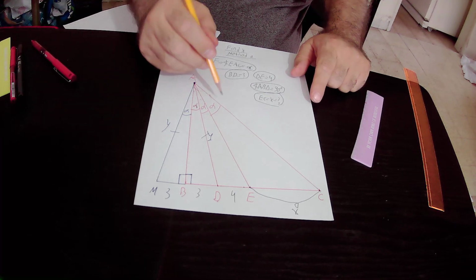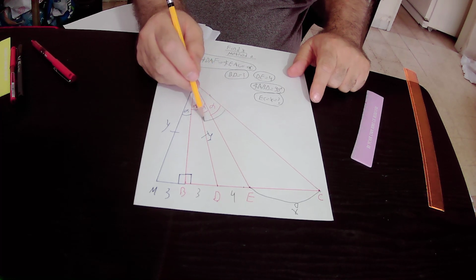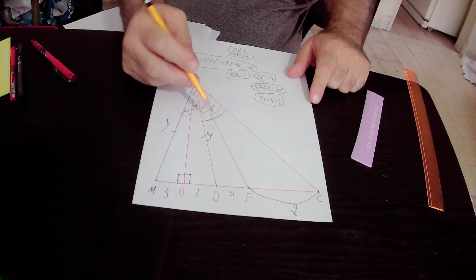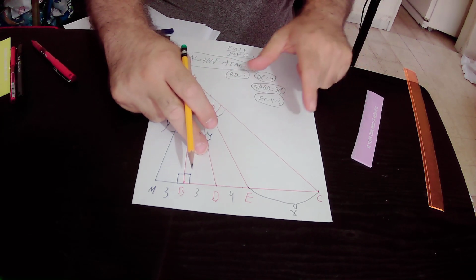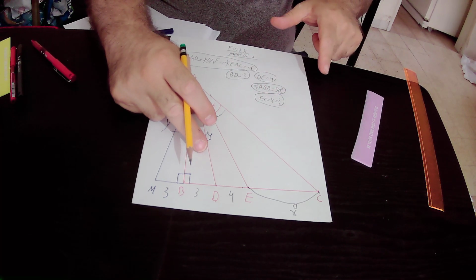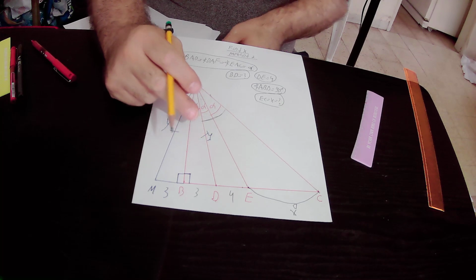The angle is actually this angle, and the legs of this angle are AD and AC. So the ratio between the legs is AD over AC.